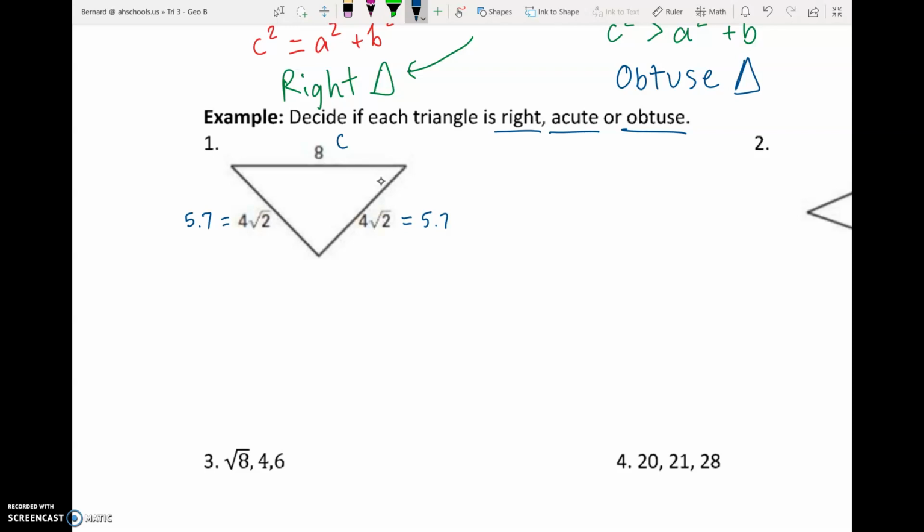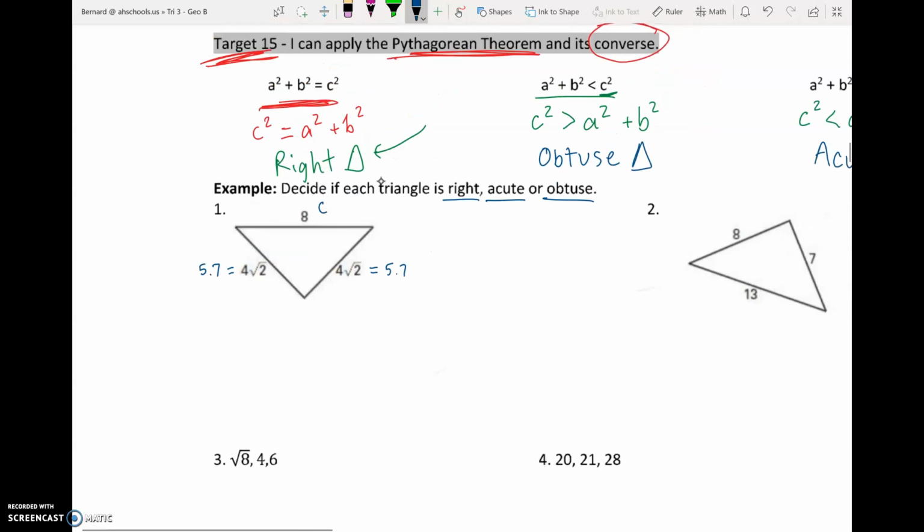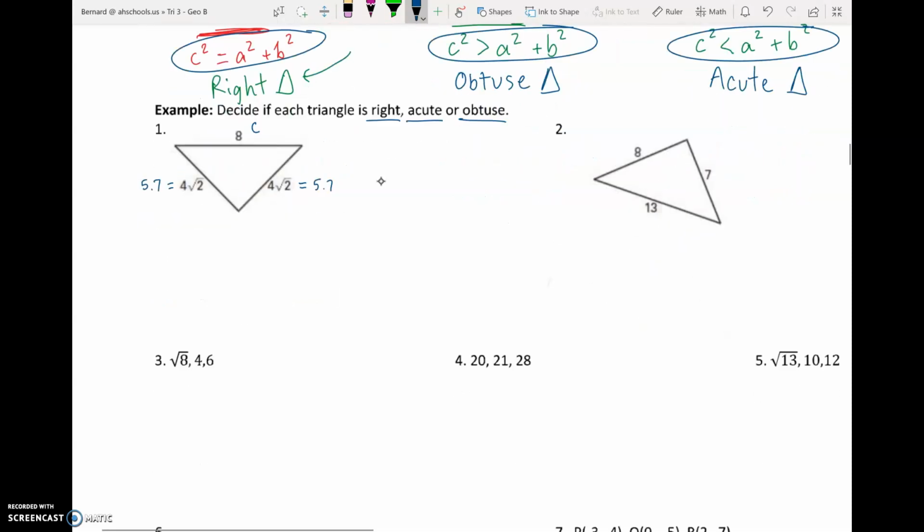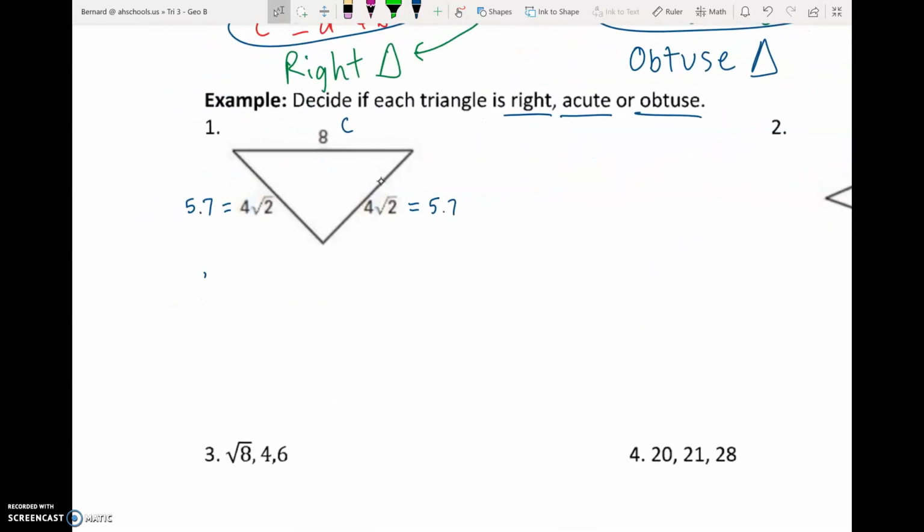And so we're going to want to kind of do the Pythagorean theorem again, but we just want to analyze it this time. I'm going to write C first, kind of like we've done in all 3 of these general situations above. And so I'm going to square 8. I don't know if it's going to be equal, less than, or greater than. So I'm going to square 8 by itself, and then I'm going to square the other 2.